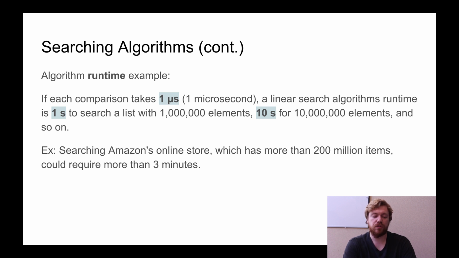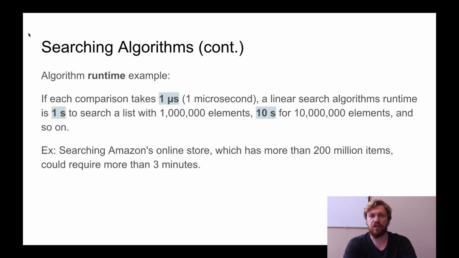The example here is searching Amazon's online store, which has more than 200 million items, and could require more than 3 minutes to search for the particular item you're looking for if you were using a linear search algorithm, which is a fairly long time. Imagine if you go into Amazon and it takes 3 minutes per time that you search for something.